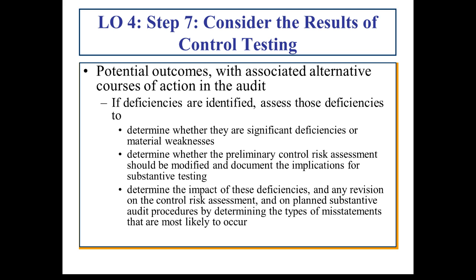Or we need to look to see if the preliminary control risk assessment that we initially set up might need to be modified. Or we might need to look at these deficiencies and determine, do we need to revise control risk? And maybe we need to change some type of substantive testing, because we might think there could be some more material misstatements.